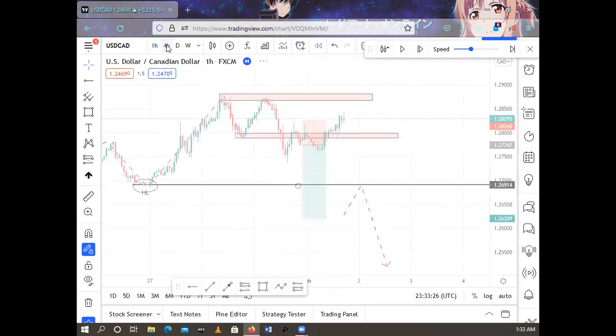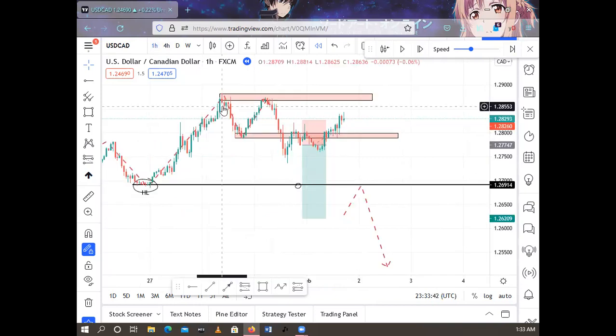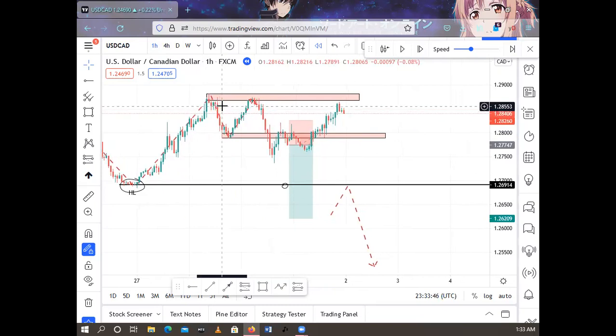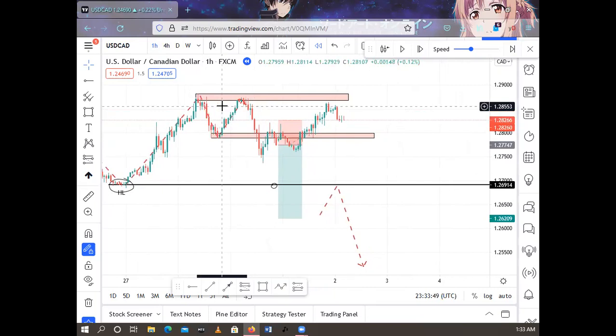So let's check the 4-hour time frame and see what happened. Now we can see this huge rejection here, right? And prices actually started to move back into our resistance area there, right? Now we see price is actually reaching our resistance area there, right?